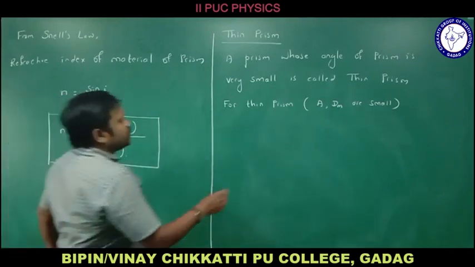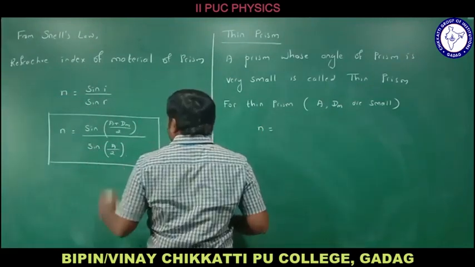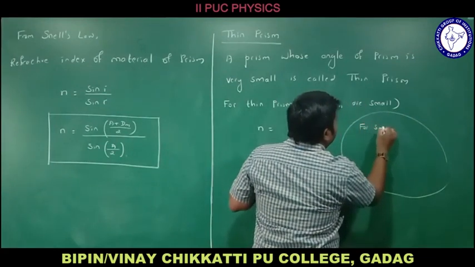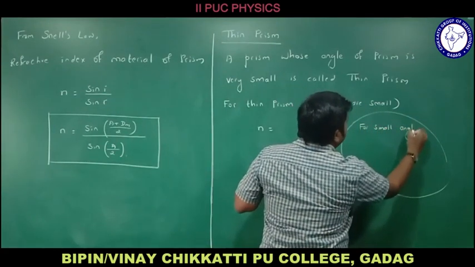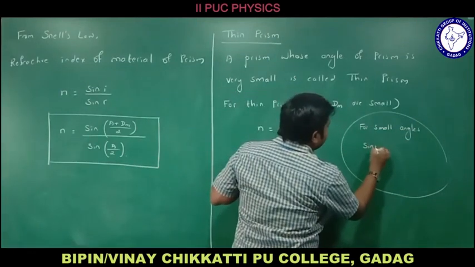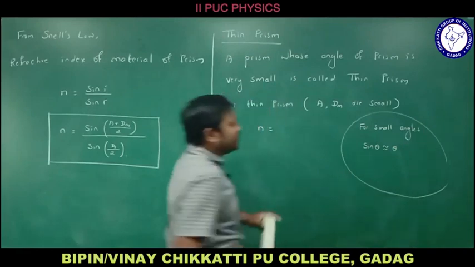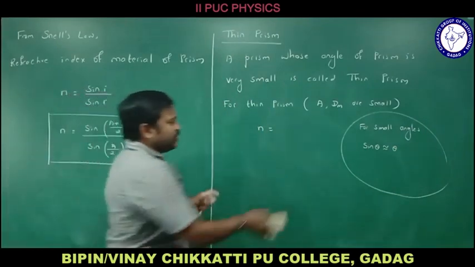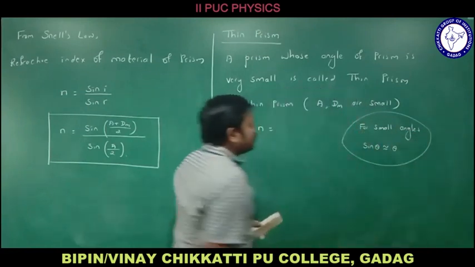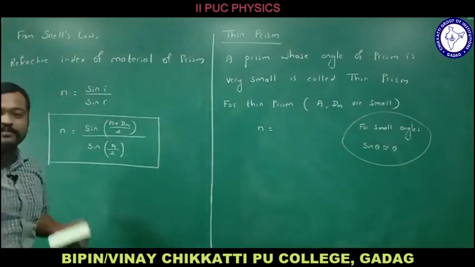Okay, then what happens to this formula, n is equal to, right? We know that for small angles, sine theta is nearly equal to what we say here? Theta, right? We know this. We can substitute only theta if angle is small. If angle is small, in place of sine theta, you can replace it by theta.